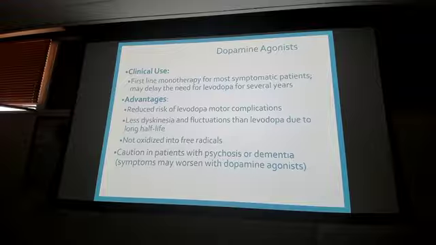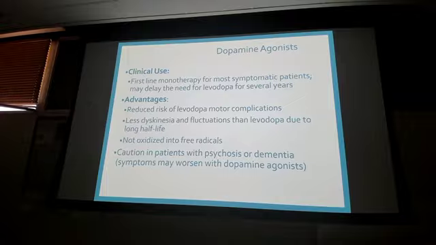If somebody has psychosis or dementia, we could potentially worsen their symptoms and that agitation that they're having. So just be very cautious in your older patients, because we have cognitive impairment that can happen, and we also have orthostatic hypotension that can happen. And if their blood pressure drops too low, especially when they're standing up, you have that fall, remember?